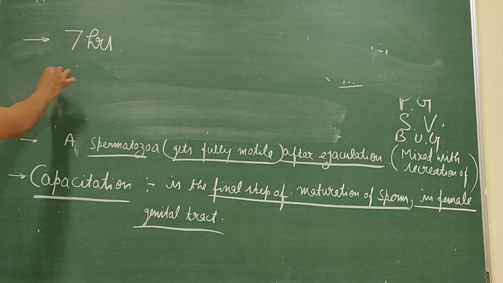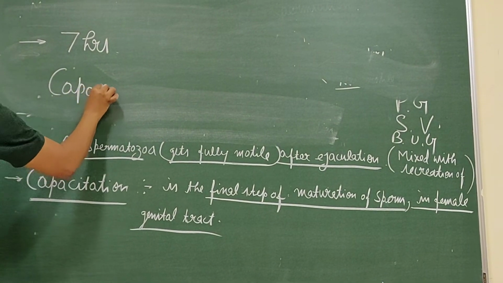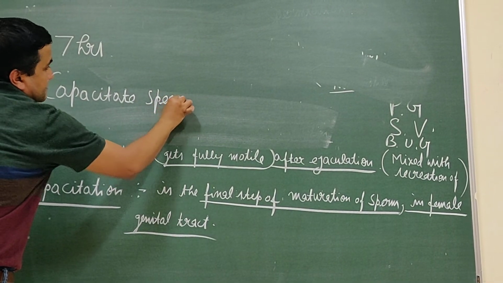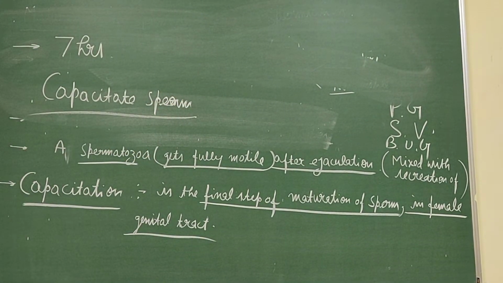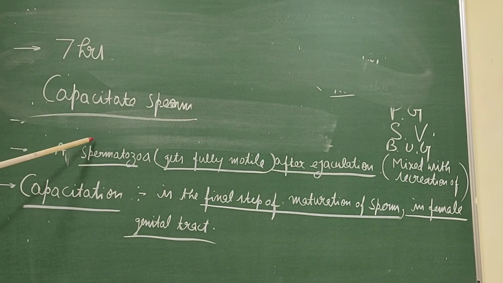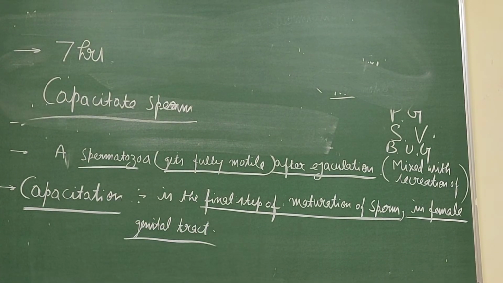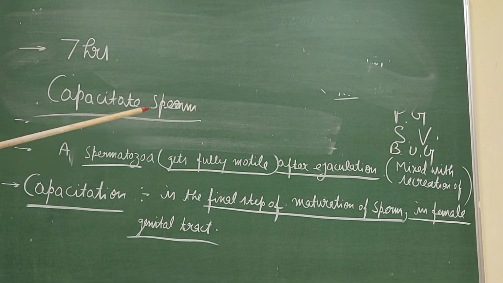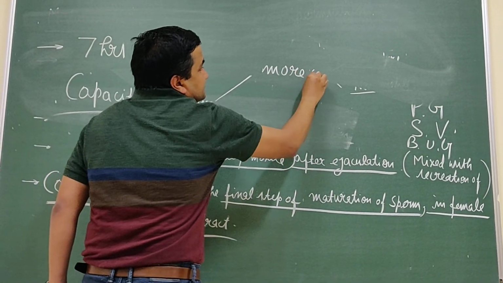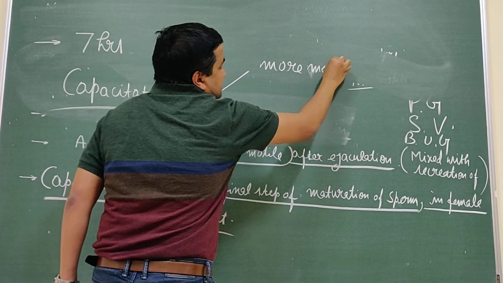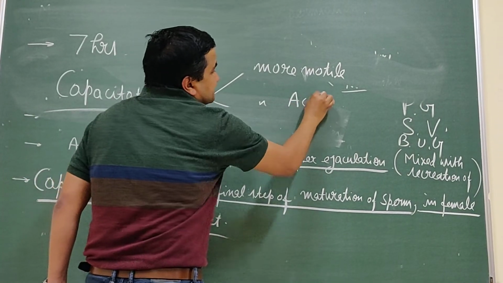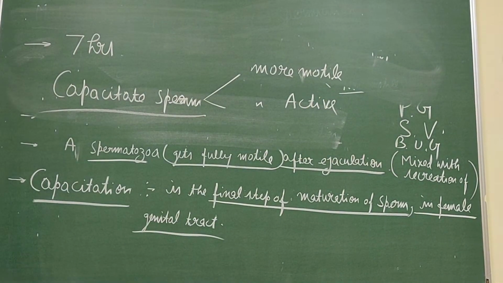Now, a capacitated sperm, what is the reason behind this capacitation? A capacitated sperm is morphologically the same as the other sperm. There is no change in the structure, but it becomes more motile and more active than the other sperm.